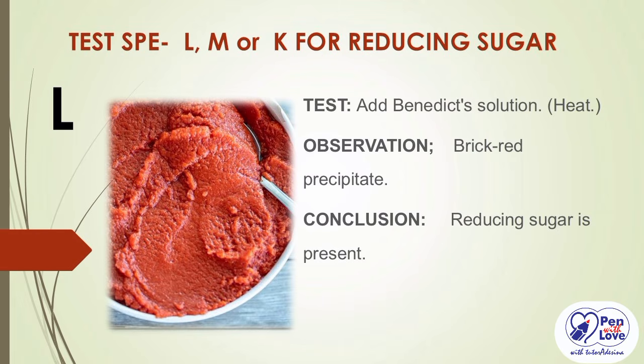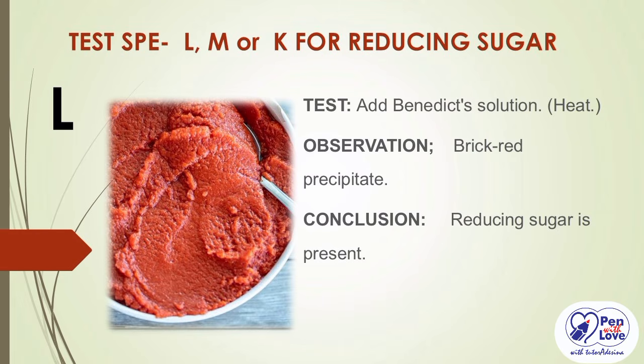So they are there as reducing sugars. Any reducing sugar can be tested using Benedict solution. Although we don't have any materials to heat, they may also ask or put it there. So your observation is that when you add Benedict solution to any of the specimens, it's going to give you a brick red precipitate. So under conclusion, reducing sugar is present.